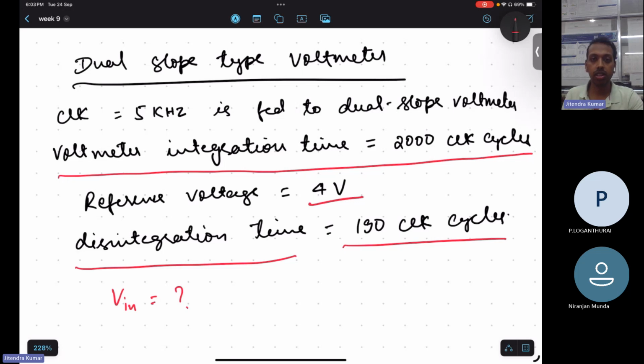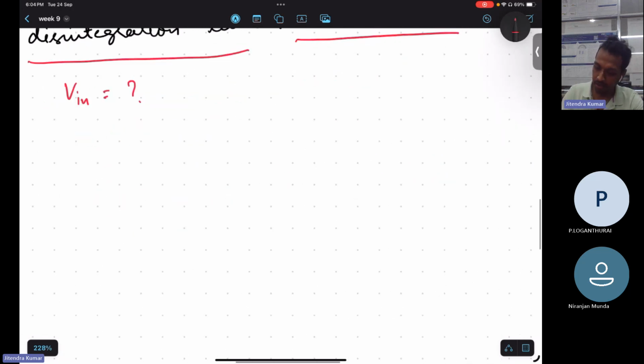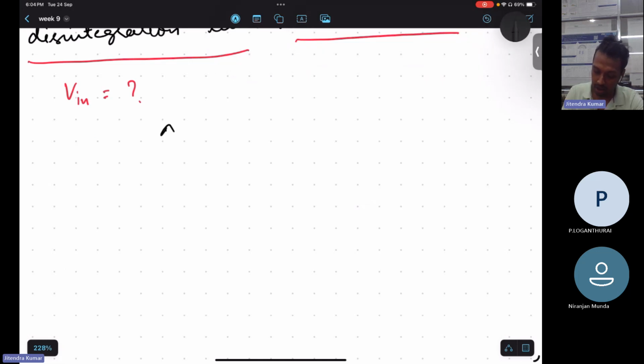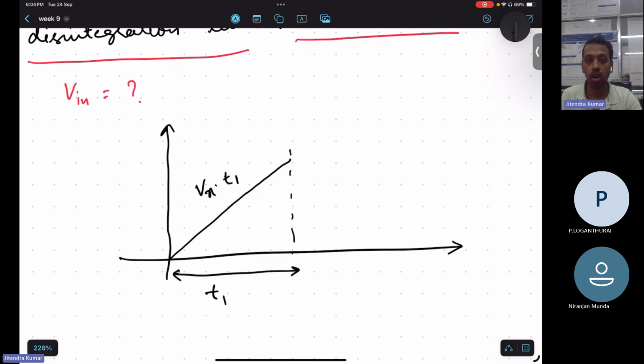So first, let me go through the basics of the dual slope voltmeter. What are they and how do we measure? Basically, if you have any unknown input voltage, it will have to consider both the integration time as well as the disintegration time. So let us consider some input voltage. This will be the slope, right? So Vx into T1. Let us suppose it takes T1 time, which in our case is 2000 clock cycles.